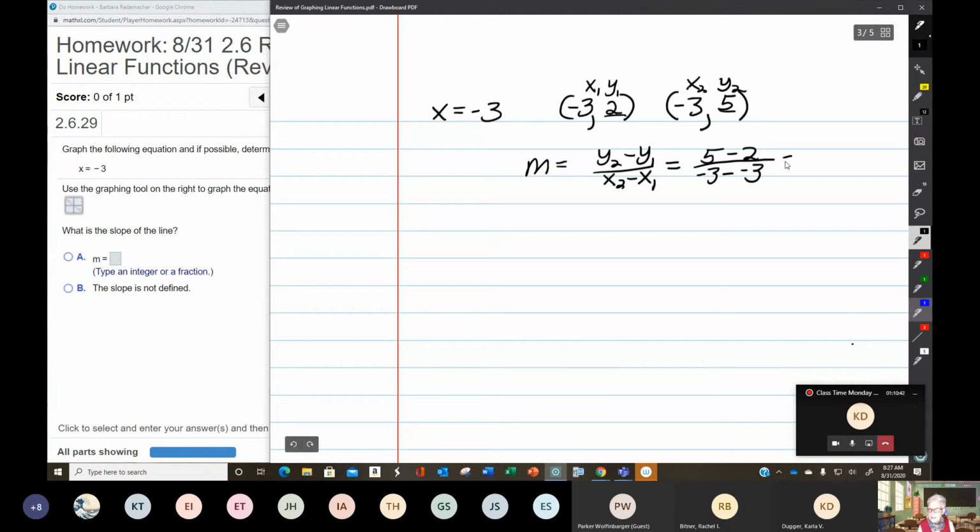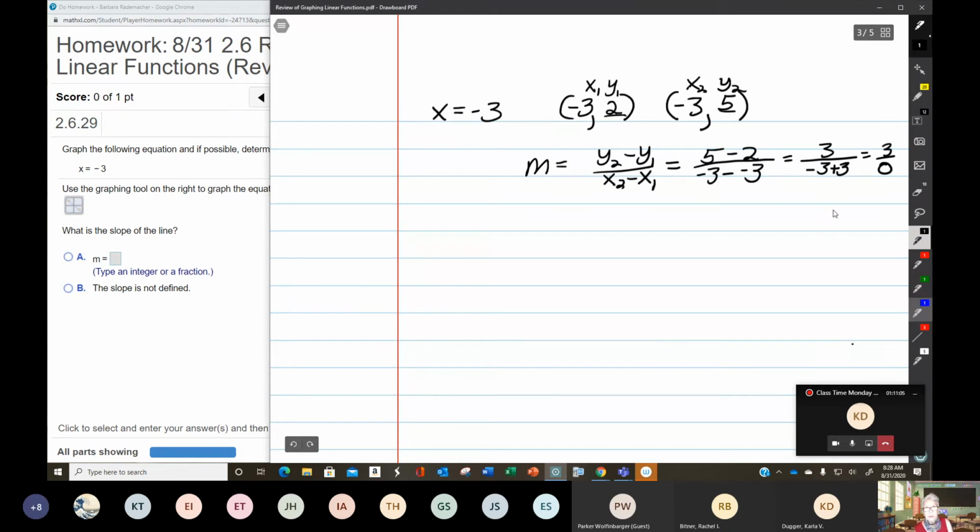Well, 5 minus 2 is 3 over, now you've got two negative signs together, so that turns into a plus, -3 plus 3. And if you put that in your calculator, you're going to get 3 over 0.